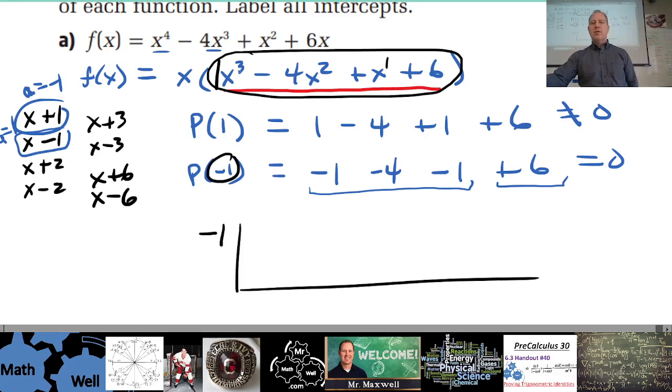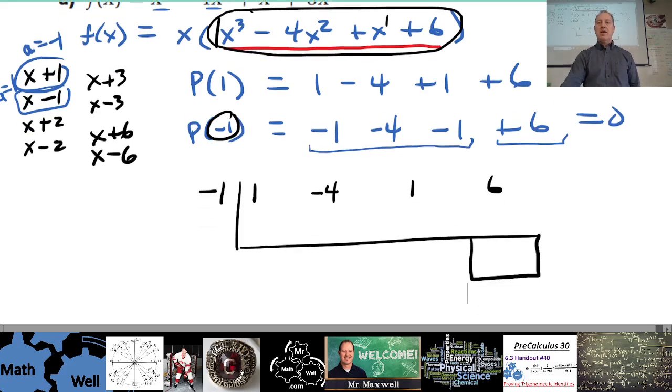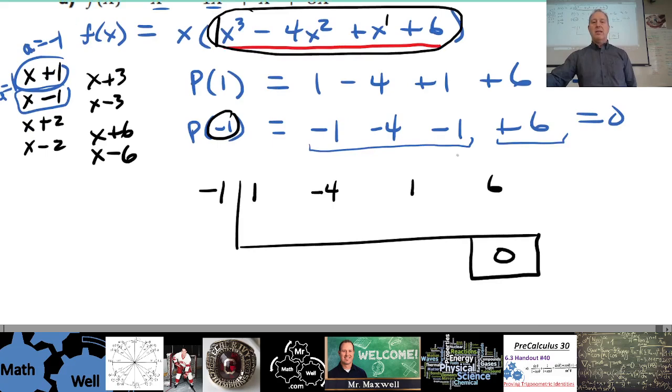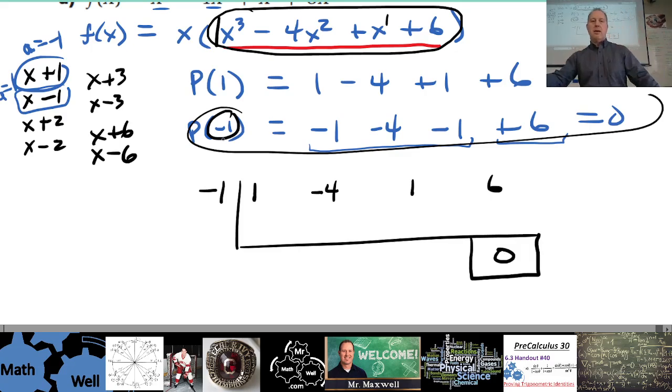And I'm going to put the coefficients for my polynomial up here on the top row. So 1, negative 4, 1, and 6. I'm going to put a box underneath the last one because this is going to remind me that that's going to be the remainder. And this should be 0, right? Because I've done this already. If I've done this correctly, that should be 0.